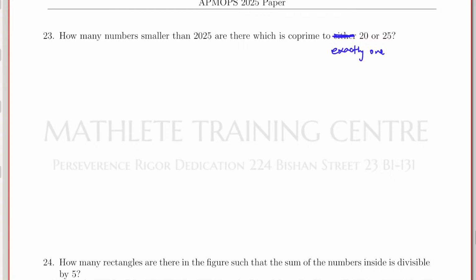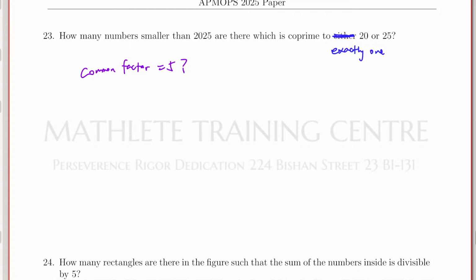And if it's coprime to exactly 1 of 20 and 25, what must happen? That means that it will not share common factors with exactly 1 of them, right? So it shares a common factor other than 1 with 1 of them, but not with the other. So can this common factor be equal to 5?